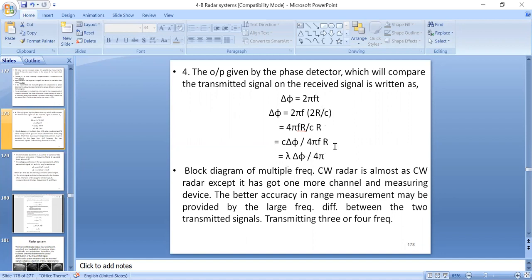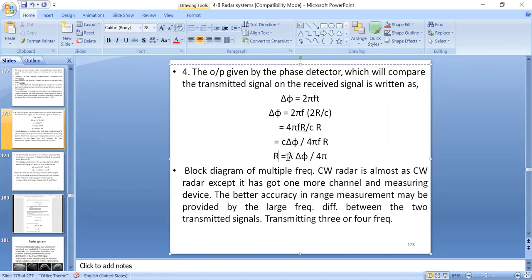Simple calculations; substitute and do it on paper, you will get this answer, right? So range r is equal to lambda into del phi by 4 pi.